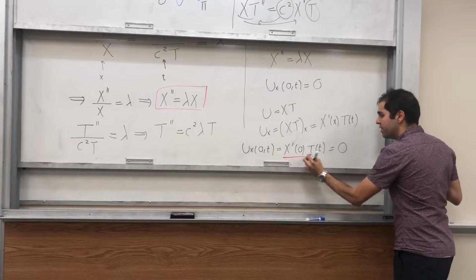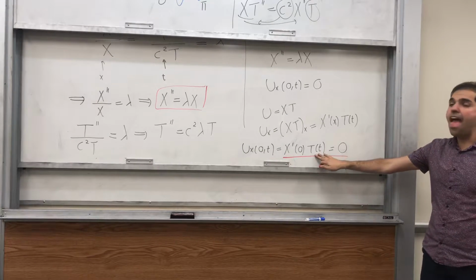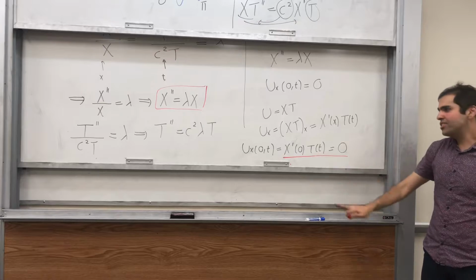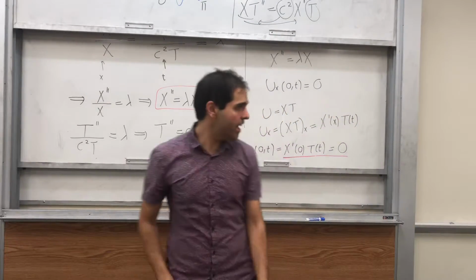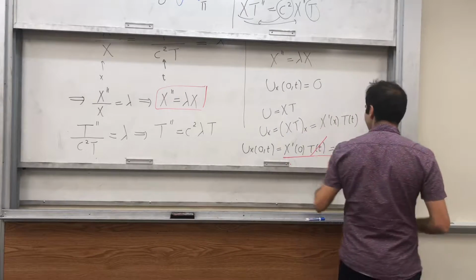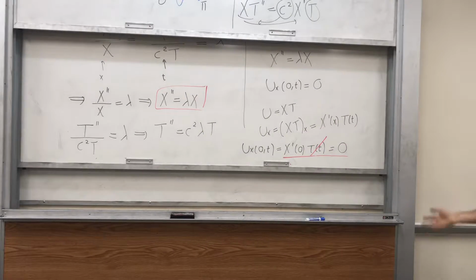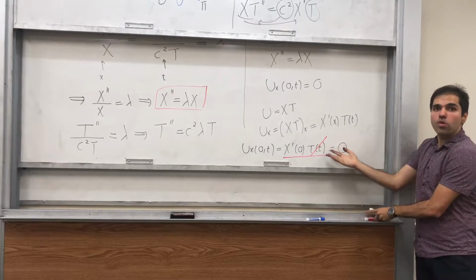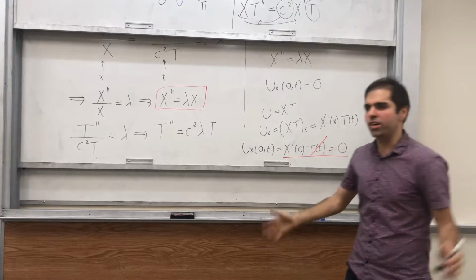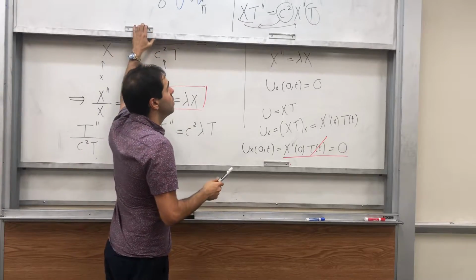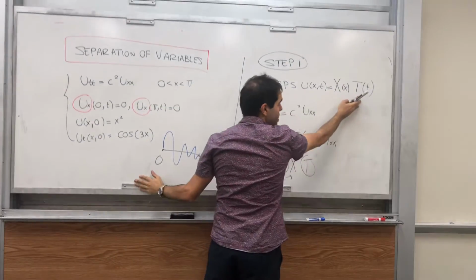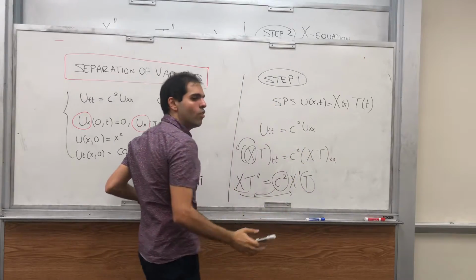Now, here's the thing. This holds for every t. So unless T is 0 everywhere, you just get X prime of 0 equals 0. Now, it could happen, of course, that T is 0 everywhere. But in that case, u, which is X times T, just becomes the 0 function.